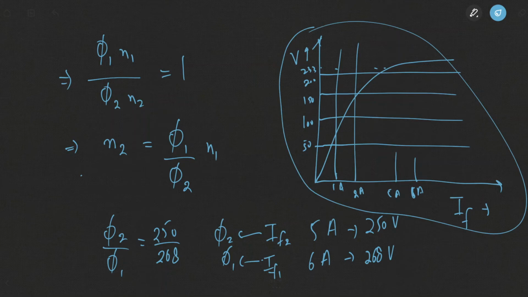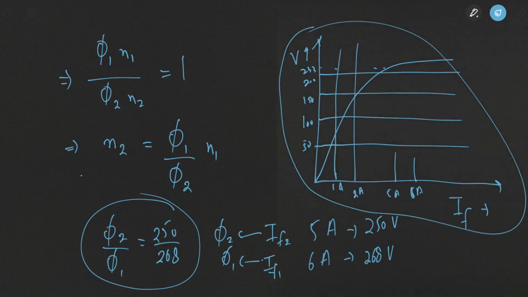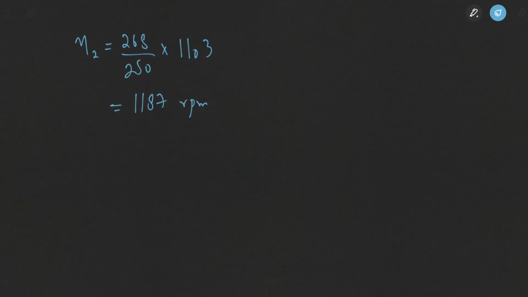Since generated voltage is proportional to flux, phi 2 divided by phi 1 is also equal to 250 divided by 268. Once we have the phi 2 by phi 1 value, we can find N2 by substituting the initial speed value. So this is all for today for this session.